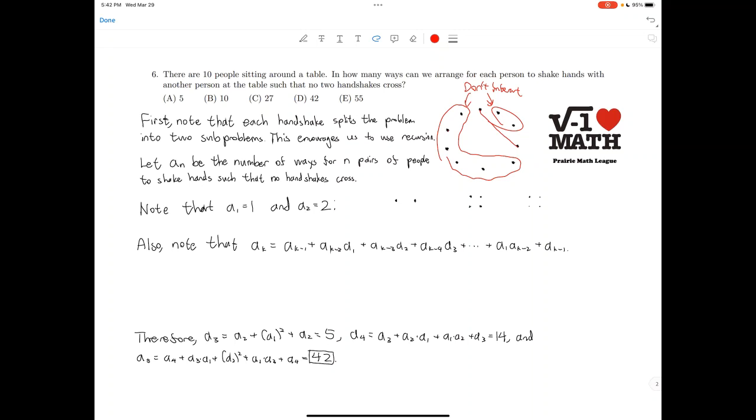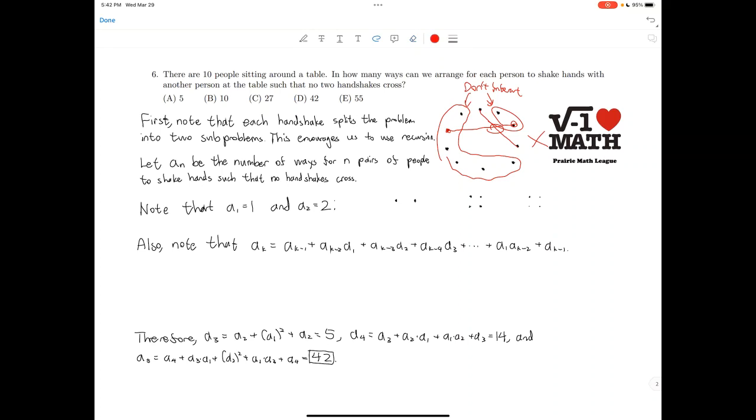Because if they did interact, for instance, if this guy decided to shake hands with this guy, then we would cross this thing, and this is not allowed. So, with that, we can use recursion. Recursion is the idea of splitting down into smaller subproblems, and by splitting into these smaller subproblems, we can slowly build our way up to the final answer.